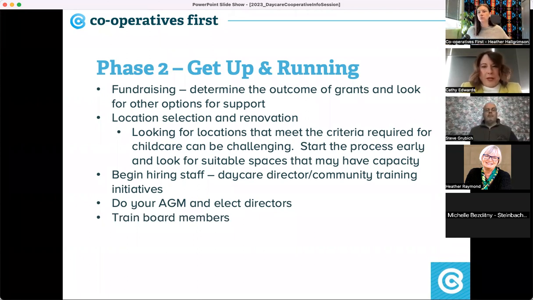In Alberta, for example, the capital startup funding is less, but there is funding for expenses once you are up and operational. So considering what is available in your province will help you determine what key steps you need to undertake to get the ball rolling.